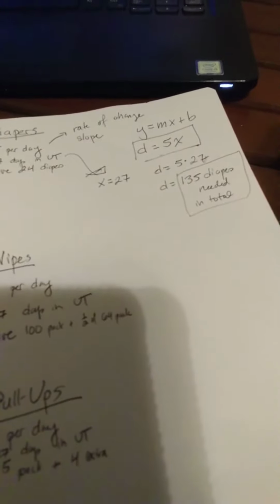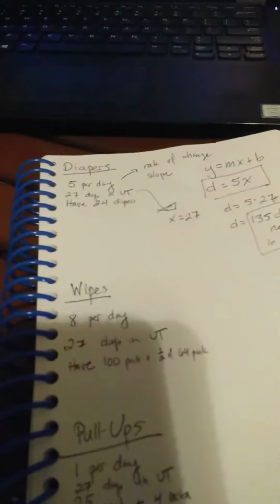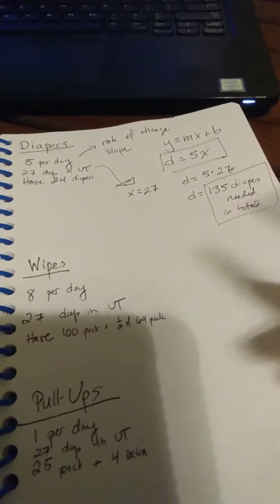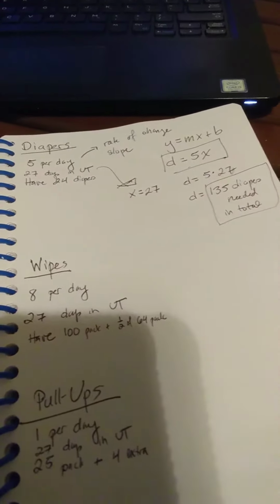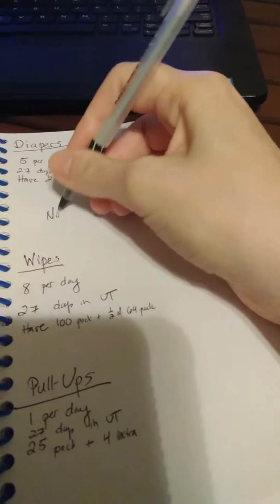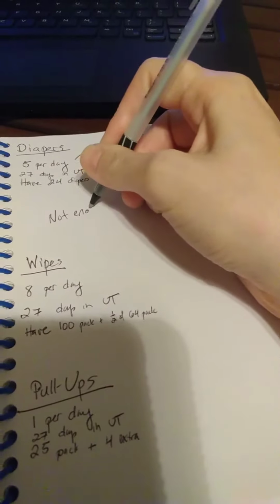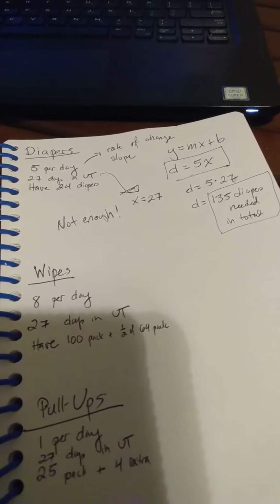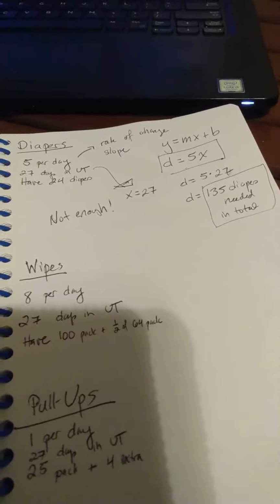So the next part of the question is, I have 24 diapers. Is this enough? Clearly this is not enough. I only have 24. I need over 100. So this is not enough. How many do I need?